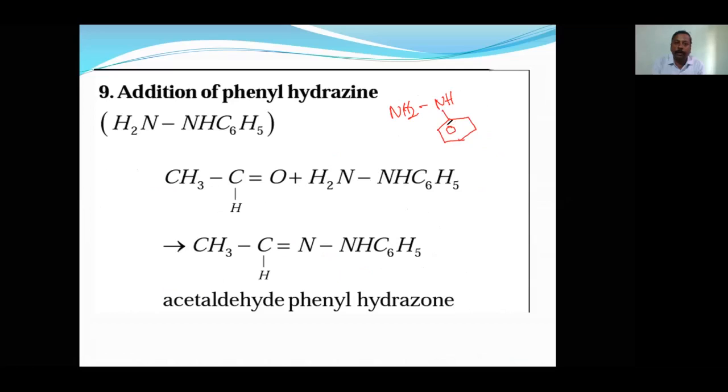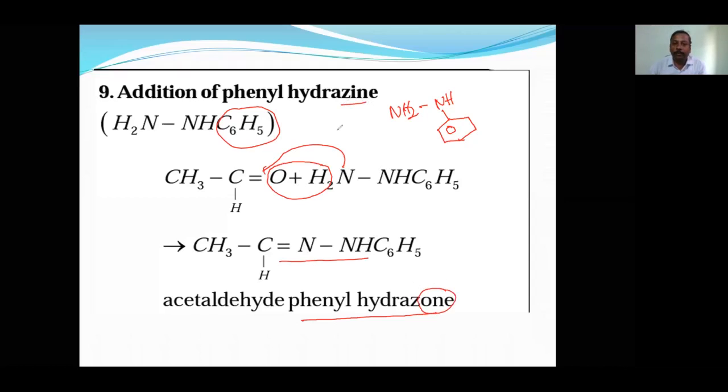What is the formula of benzene here? Phenyl is C6H5. See here, this is benzene. Same product. H2O will be removed and nitrogen will be attached here. This is called a phenylhydrazone. Hydrazine will be converted to hydrazone.